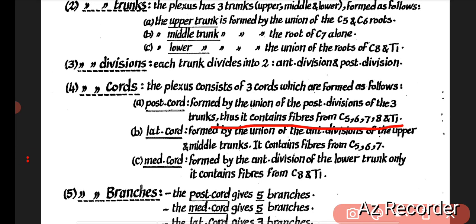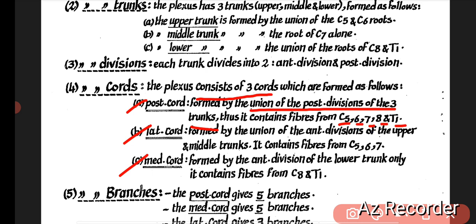Next is the cord. The plexus consists of three cords: posterior cord, lateral cord, and medial cord. The posterior cord is formed by the union of the posterior divisions of the three trunks: upper trunk, middle trunk, and lower trunk, so it contains fibers from all of C5, C6, C7, C8, and T1.